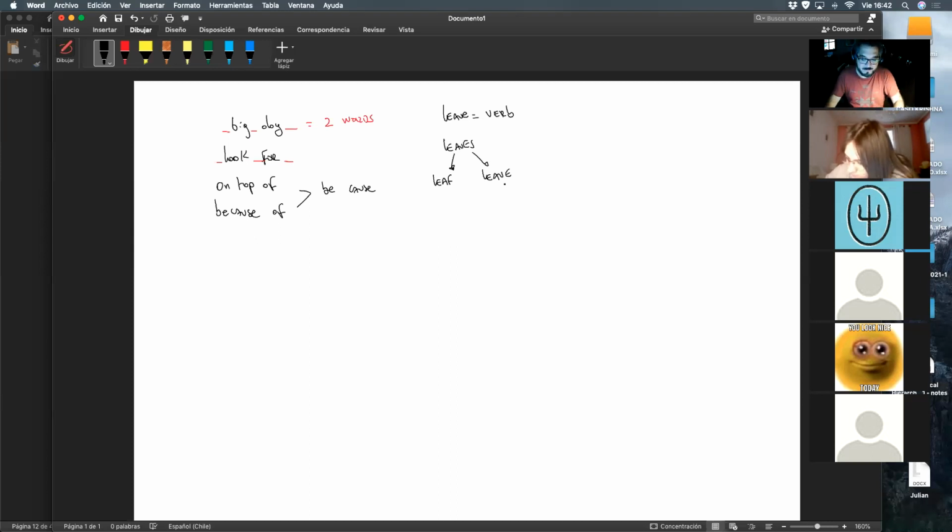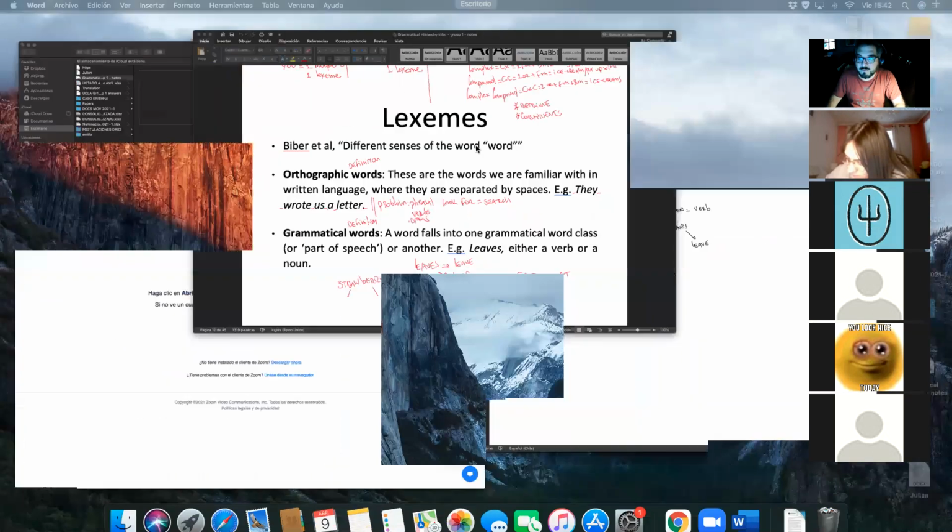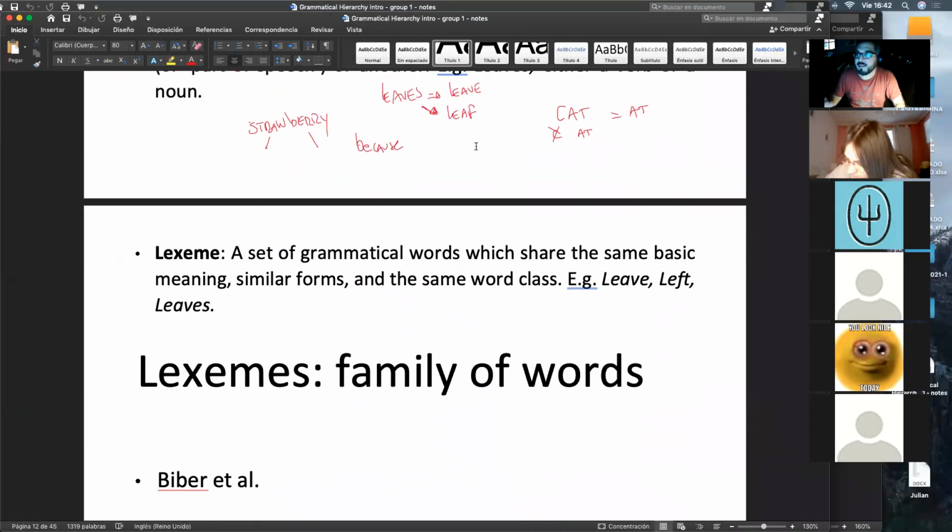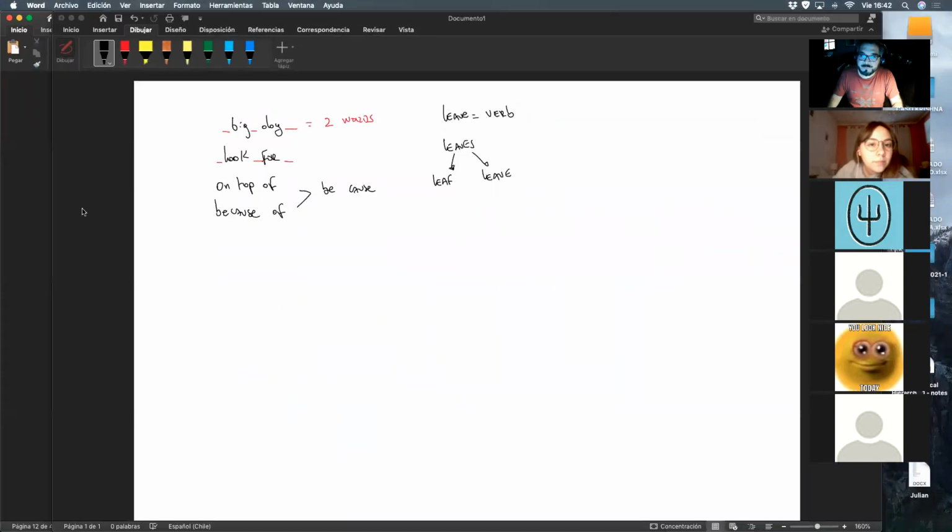Final definition. The final definition would be the definition for lexeme. A word will be considered to be a lexeme if it is part of a set of grammatical words, that is to say they can be classified, which share the same basic meaning, similar forms, and the same word class. Lo explico en el otro.